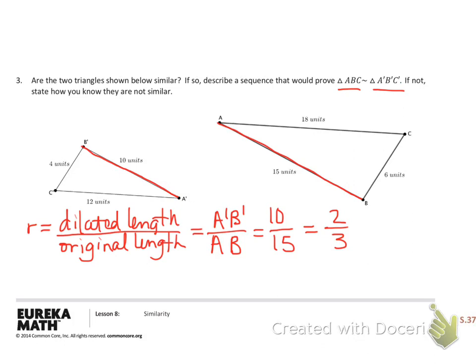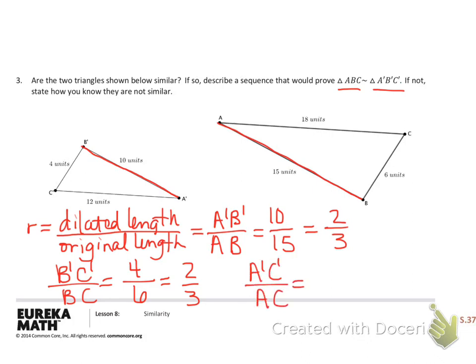So let's look at B prime C prime over BC. BC is 6, B prime C prime is 4. Okay, that also simplifies to 2/3. Then let's look at A prime C prime over AC.